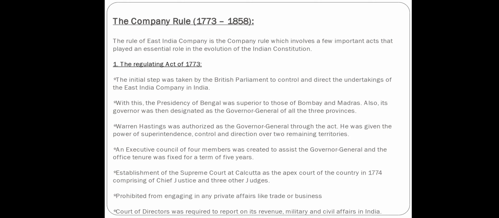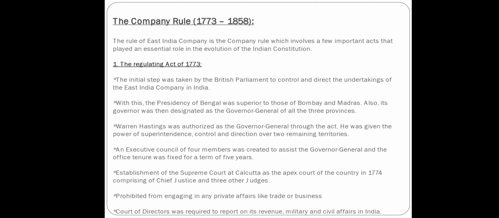So the British government thought, why are these private individuals getting so much wealth and economy from India? The first step of the Britishers to control the rule and the activities of the company was in the form of regulating it. The term regulating means to regulate the activities of the East India Company.